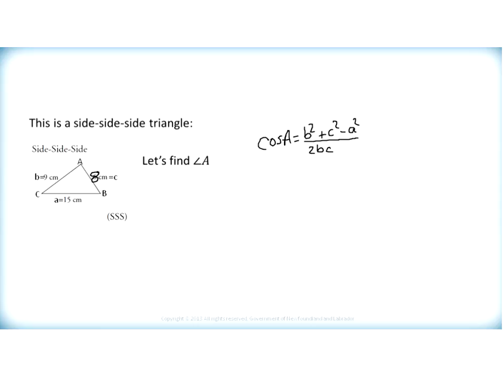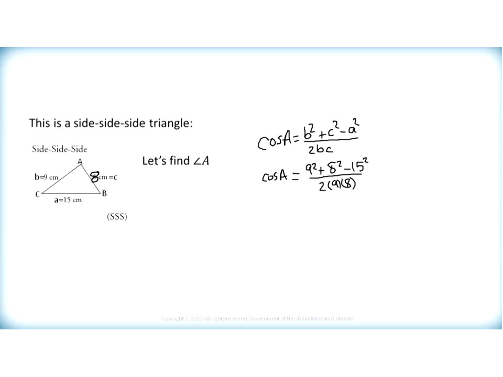So I'm going to fill that information into my equation. So cos A is equal to 9 squared plus 8 squared minus 15 squared, all divided by 2 times 9 times 8.